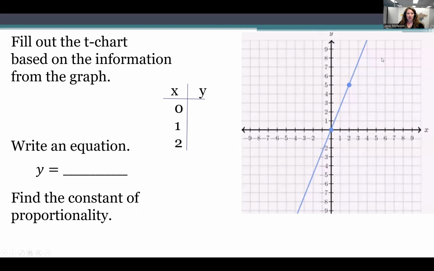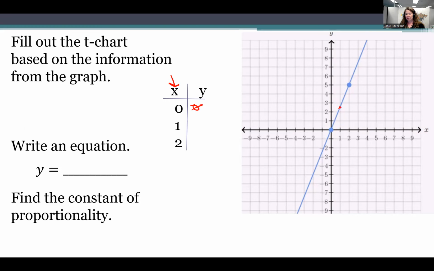All right, fill out the chart based on the information from the graph. According to this graph, when X is 0, Y is 0. On the X-axis, we go right 1, and then we would go up what?